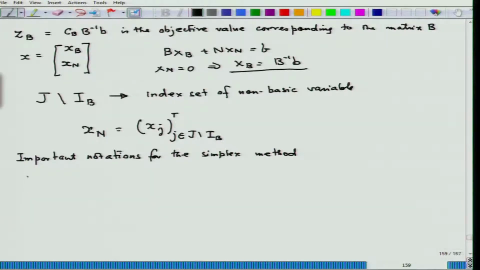First notation is B bar. This is the transformed right hand side, or xB basically, B bar is xB. Because you are operating B inverse on b, this is nothing but the first part, the B bar of the BFS.